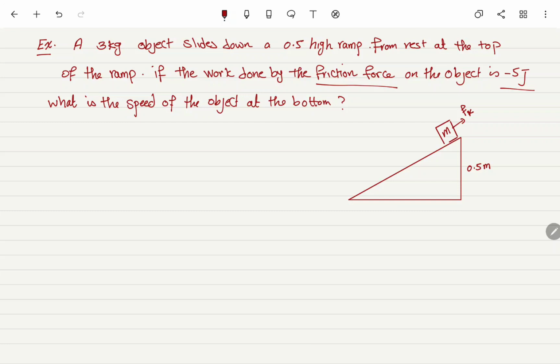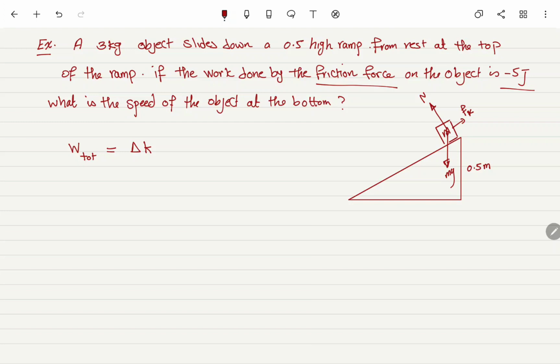The forces acting on this object are mg and the normal force. To solve this, work total equals delta K, the change in kinetic energy.